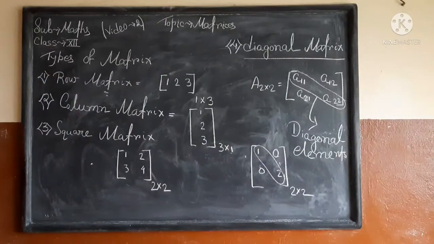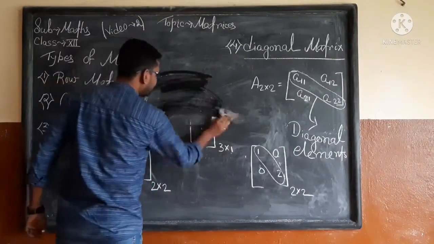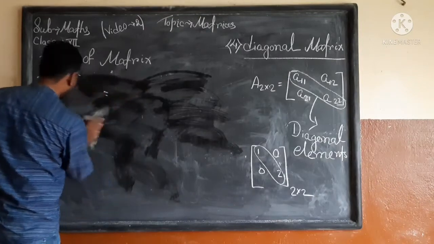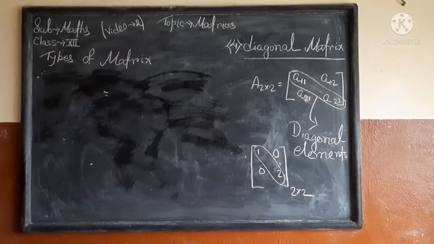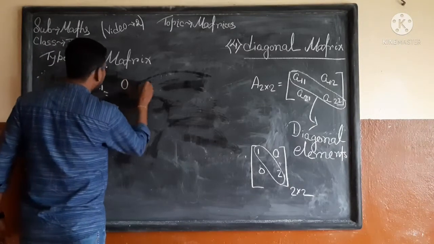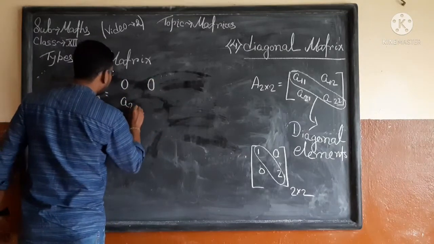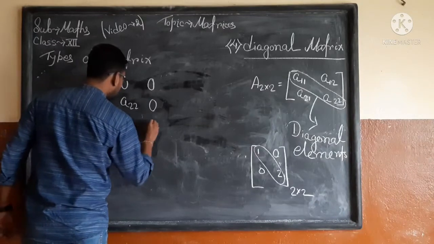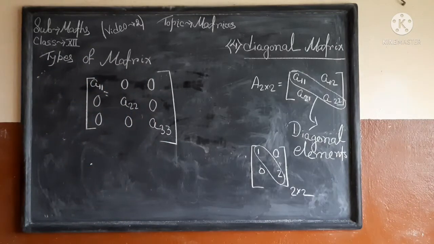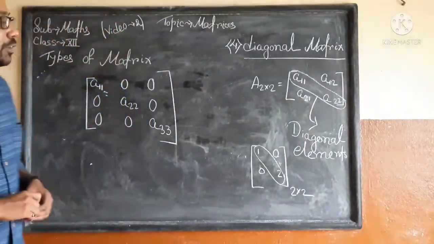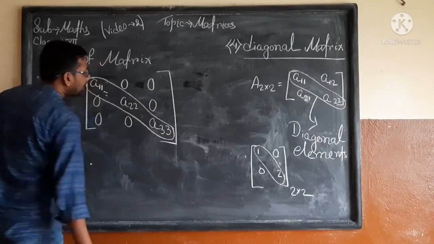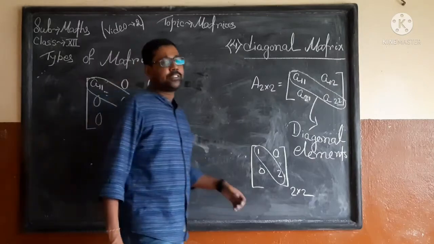Similarly, this is the general form of a 3 cross 3 diagonal matrix, because if you consider all these diagonal elements are non-zero and all the non-diagonal elements are 0.